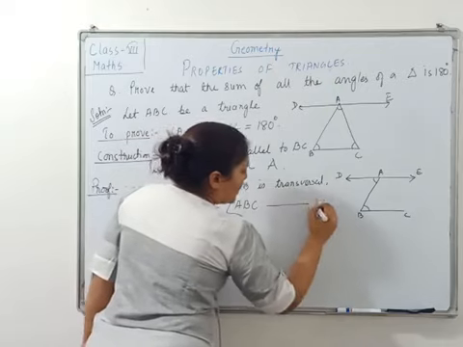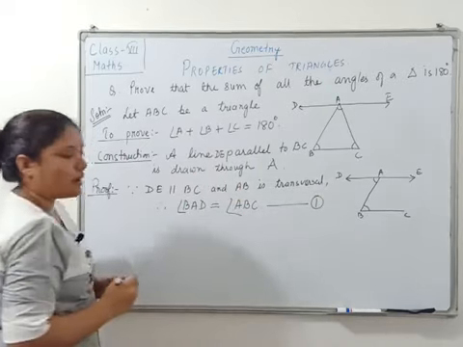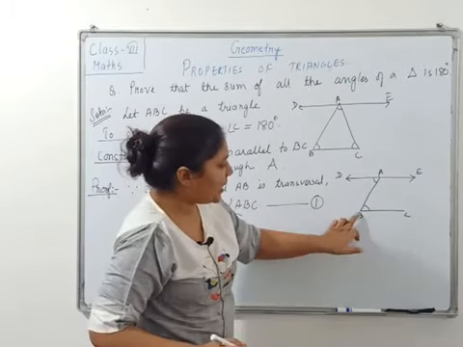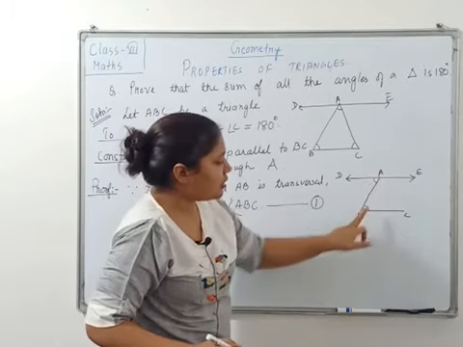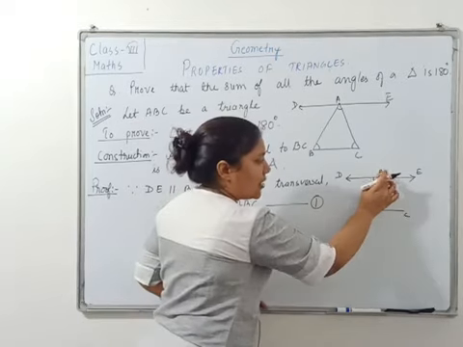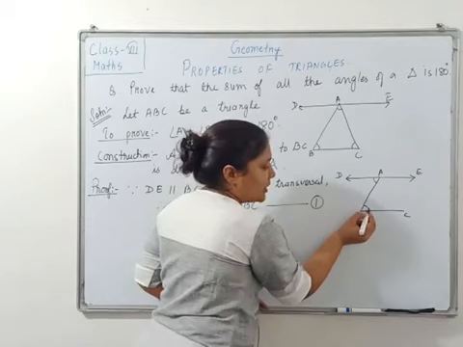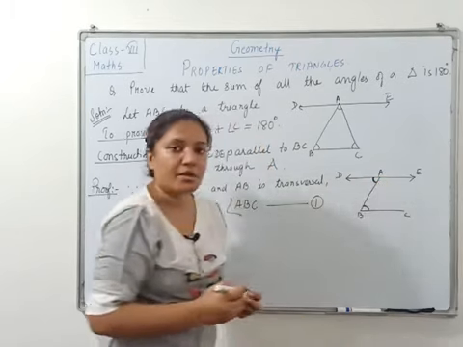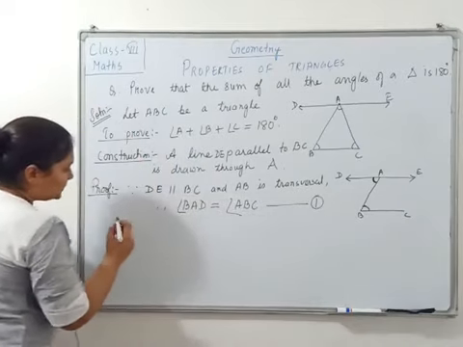I am giving this as equation 1. Okay, students? When we name an angle, BAD is equal to ABC. You can write CBA also, you can write ABC also, but the B should be in the middle, and here the A should be in the middle. Clear, students?